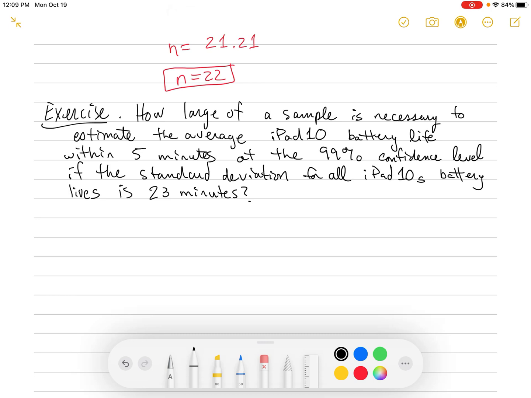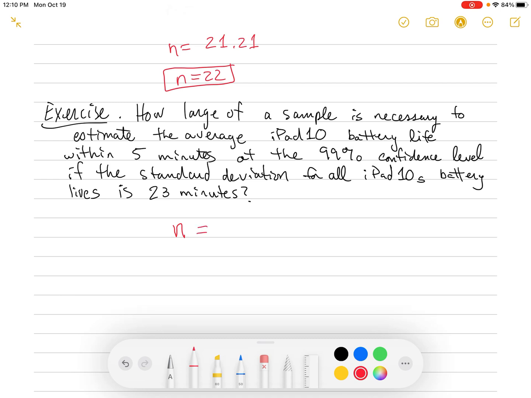So the idea is we want to find how big of a sample we need to take so that we can estimate the average iPad 10 battery life within 5 minutes of the actual value. We want to use a 99% confidence level, and we know that the standard deviation for all iPad 10's battery lives is 23 minutes.